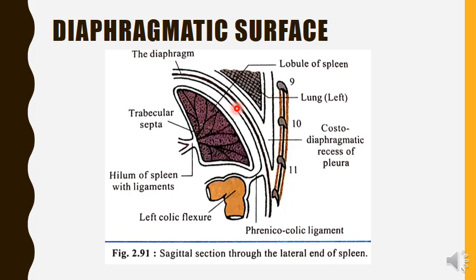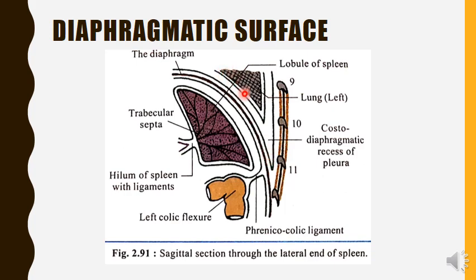Now the diaphragmatic surface is smooth. It is directed upwards, backwards, and to the left. It is related to the diaphragm here. This line represents the diaphragm. That's why it is called the diaphragmatic surface.